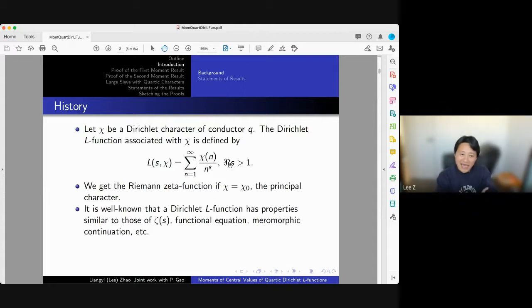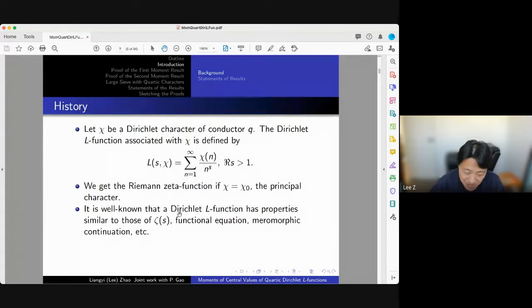All right, some important properties of these Dirichlet L-functions include that they have functional equations, and via these functional equations, these functions L(s, chi) can be extended meromorphically to the entire complex plane. As the function stands now, it's only defined for the real part of s strictly larger than 1.